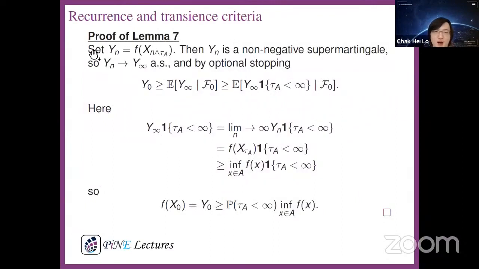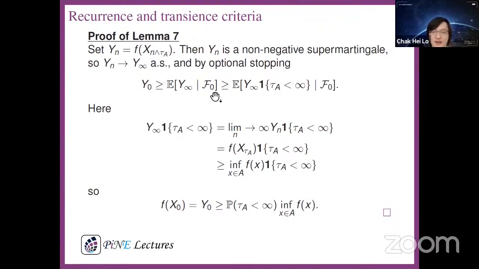We set Yn equals f(Xn wedge tau A), the same setting as before. Then Yn is a non-negative supermartingale. So again Yn goes to Y infinity almost surely, and by optional stopping, because it is a supermartingale, the expectation of Y infinity is less than or equal to Y0.